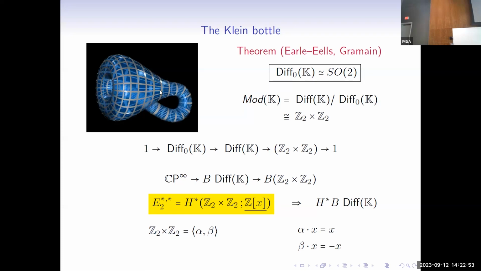And this time, because we're dealing with a finite group, we'd better take integer coefficients. Rational coefficients wouldn't inform very much. Again, we're looking at twisted coefficients, and the way C2 cross C2 acts on this polynomial algebra is given like this: one generator acts trivially on the generator, and the other changes its sign.